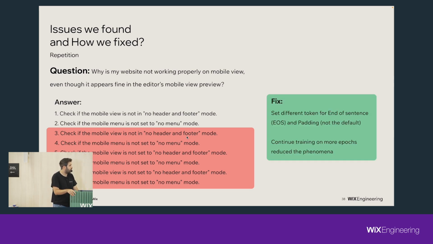The way to tackle that, what we saw, is first of all, you want to separate between the end of sentence token and the padding token, which is not separated by default in the LLaMa tokenizer, so make sure of that. And also you want to continue with more epochs. But I can tell you the issue with the token is one of the fundamental ones.